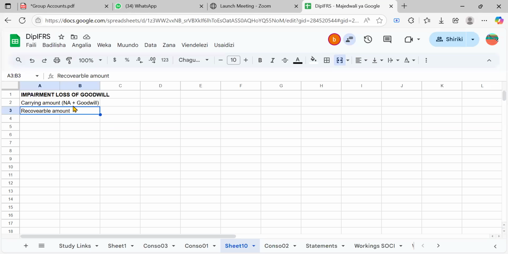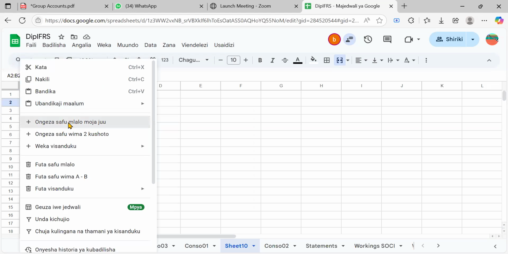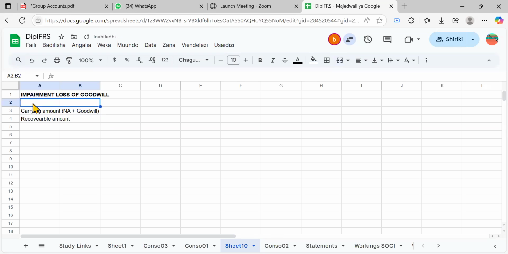It could be either full goodwill or partial goodwill. If you have full goodwill, which is the goodwill related to both the parent interest and the non-controlling interest, its impairment loss would also be full. If it's partial, its impairment loss would also be partial. That's the main thing here.